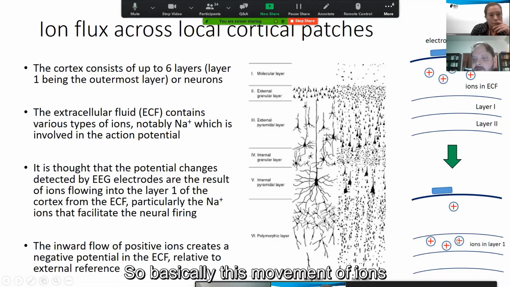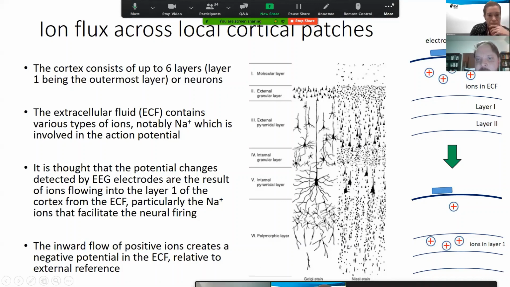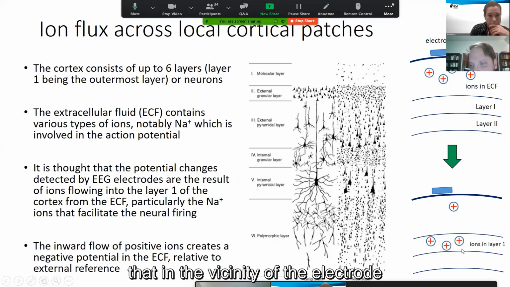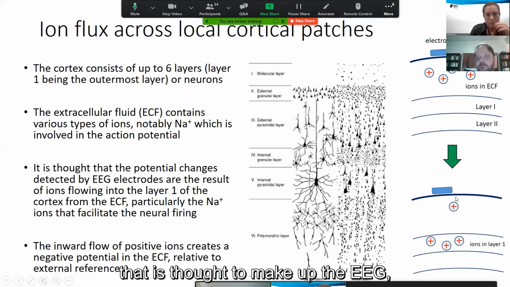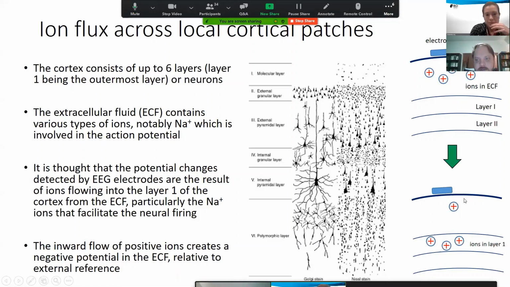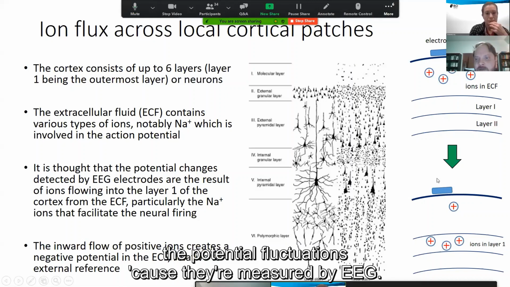So this movement of ions in the vicinity of the electrode is thought to make up the EEG, the potential fluctuations that are measured by the EEG.